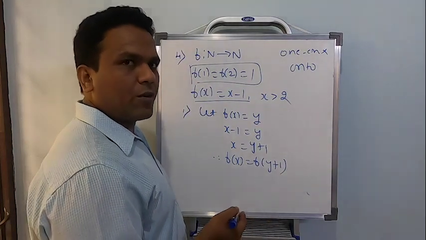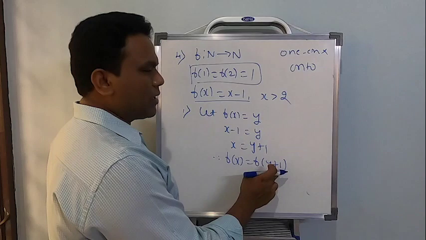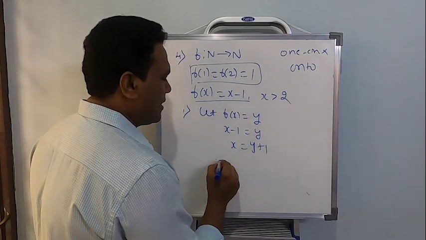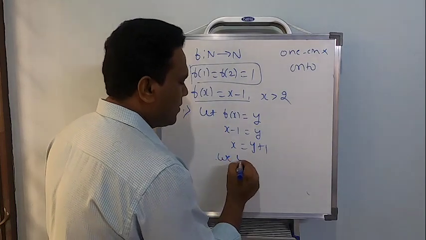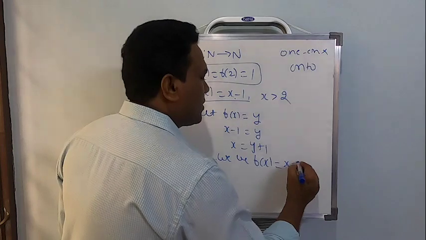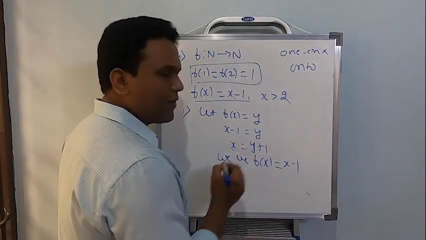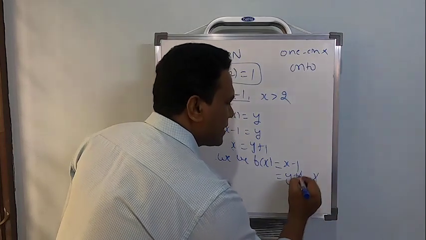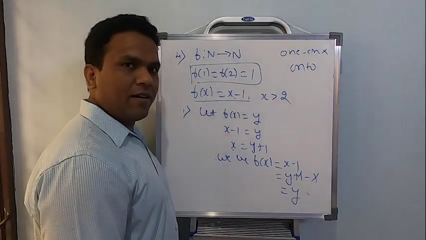What I am trying to do here is quite simple. We have f of x equal to x minus 1. Now what is the value of x here? The value of x is y plus 1, and here there is minus 1. Cancel it. You are getting y?